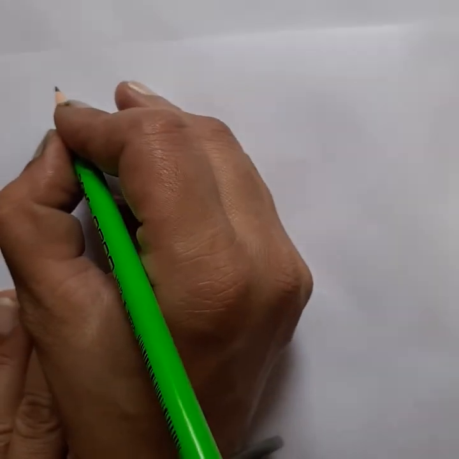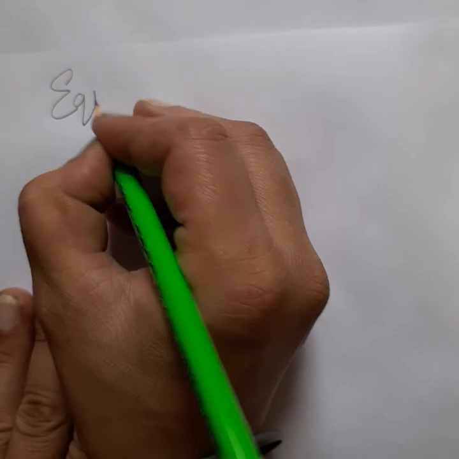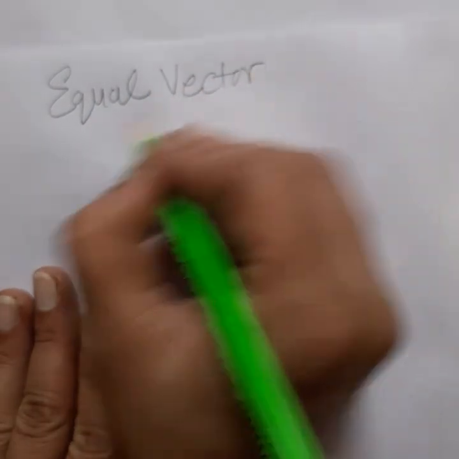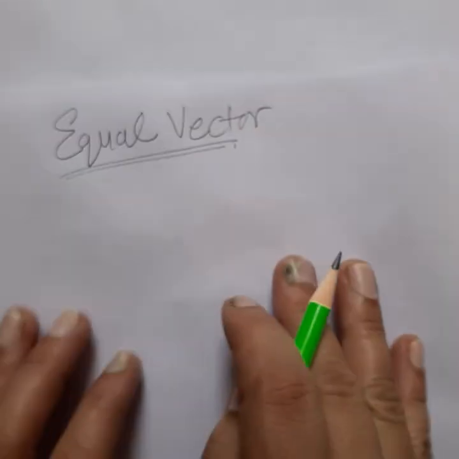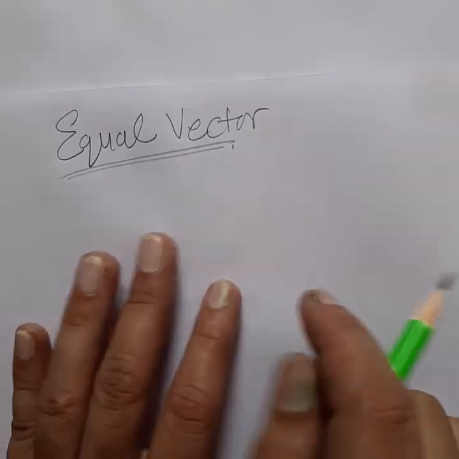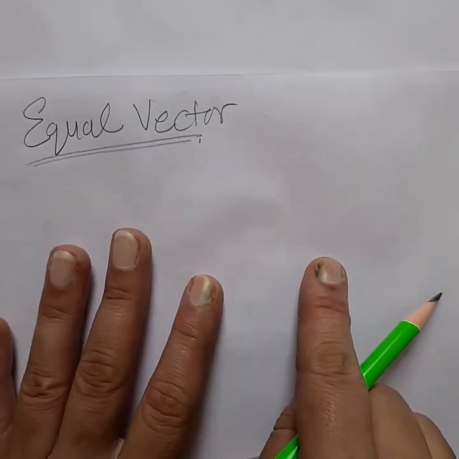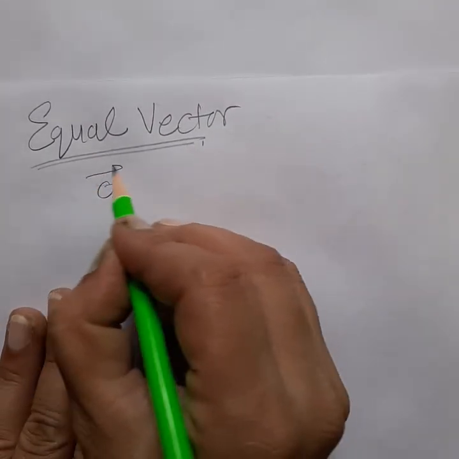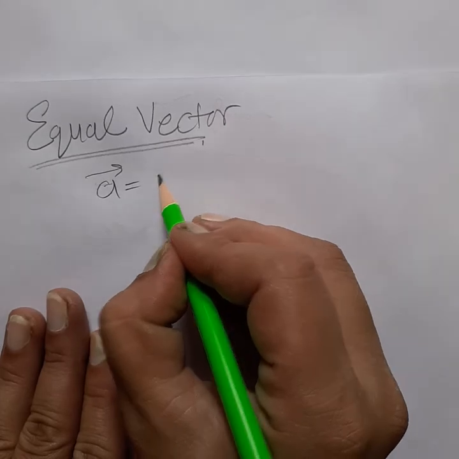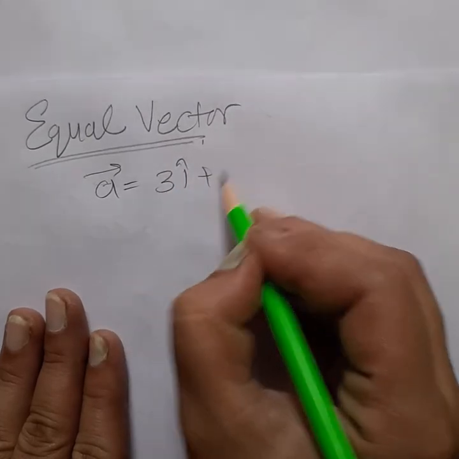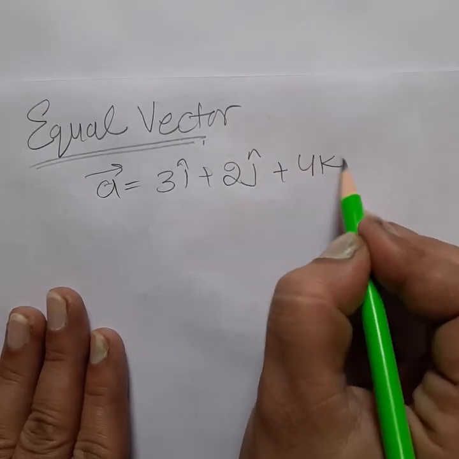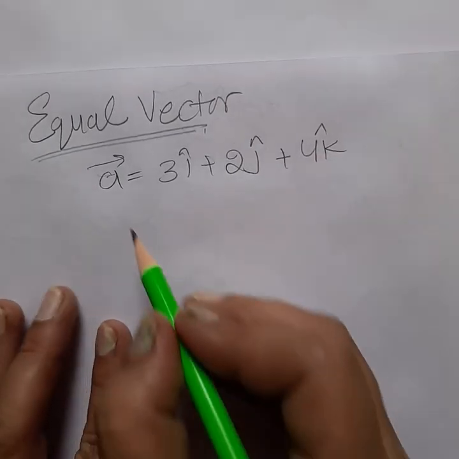Now we move on to the next topic: what are equal vectors? Equal vectors are those vectors that have equal scalar points. You can say that vector a is equal to 3i plus 2j plus 4k.